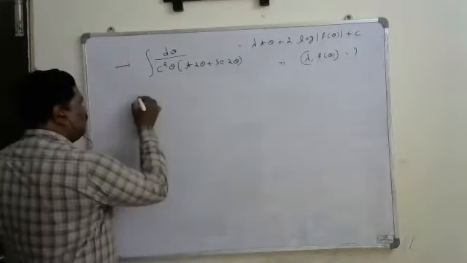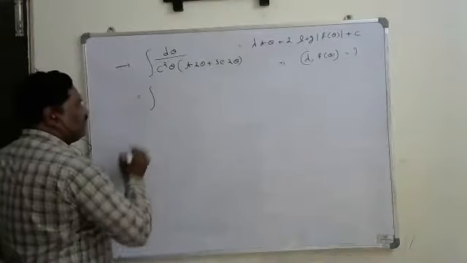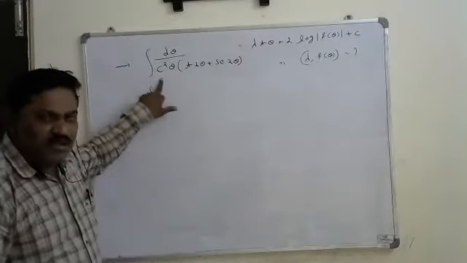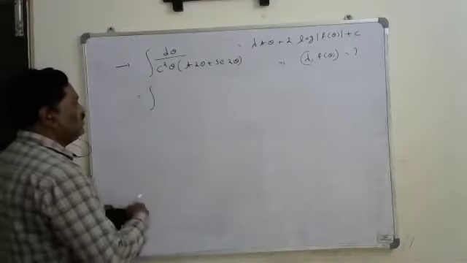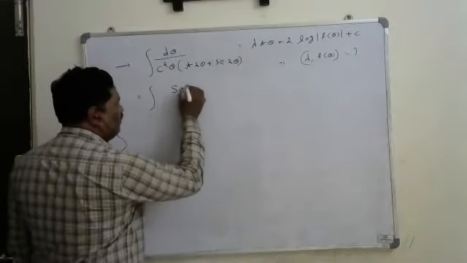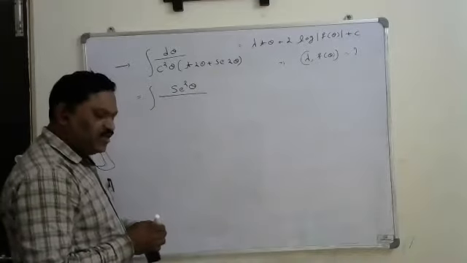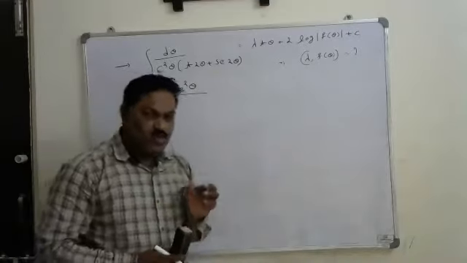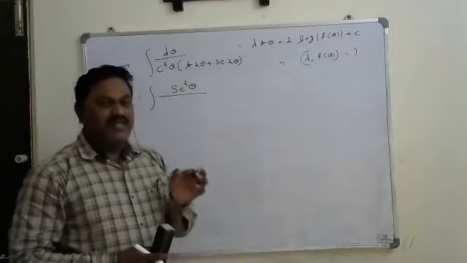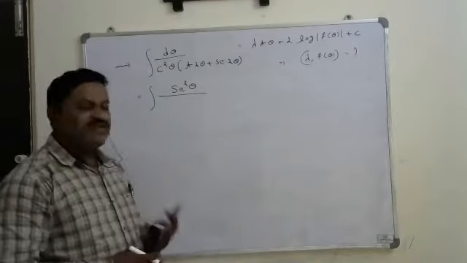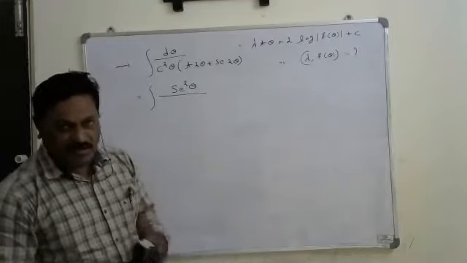Here we have 1 by cos square theta. This 1 by cos square theta we can write as secant square theta. If there is a secant square theta in the numerator, that secant square theta is the derivative of tan theta. That's why compulsorily in the remaining terms we have to bring tan theta.